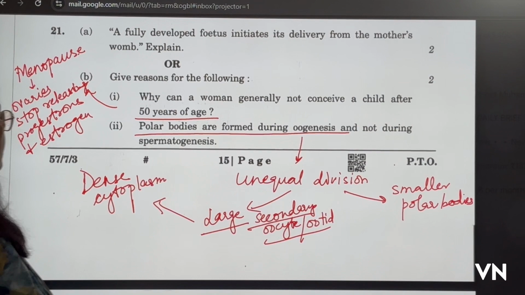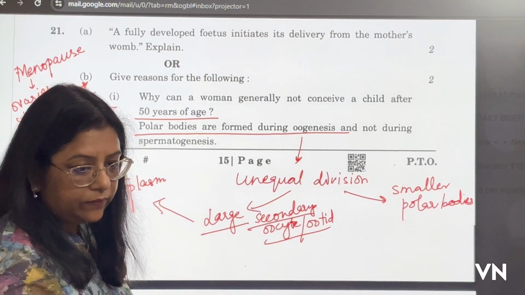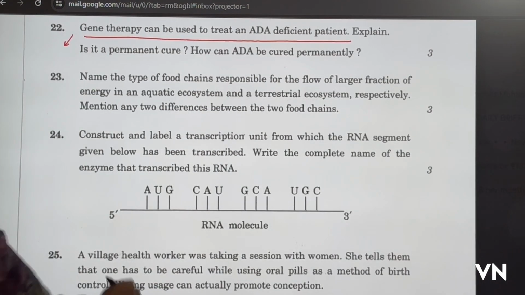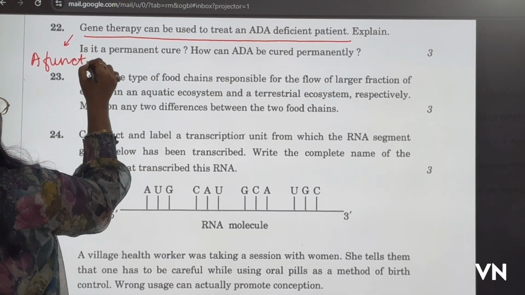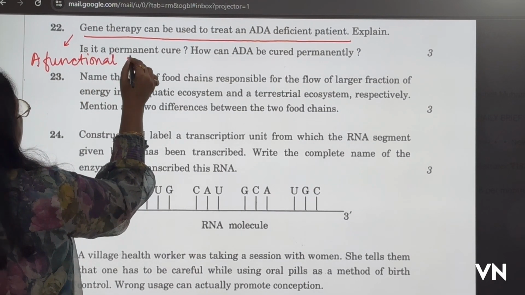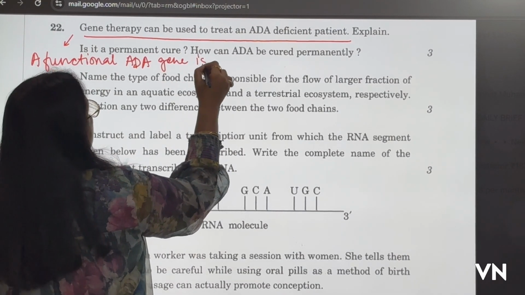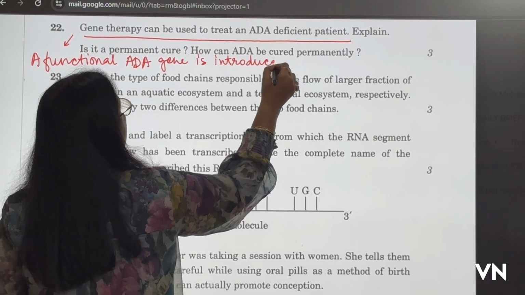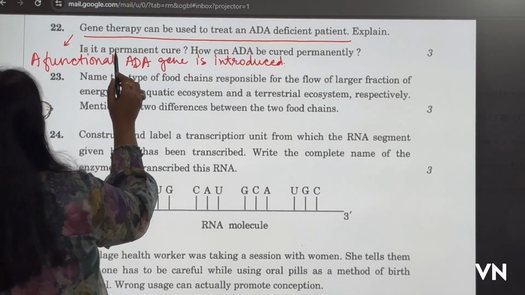Okay, next question is 22nd. A functional ADA gene is introduced in the patient. Is it a permanent cure?